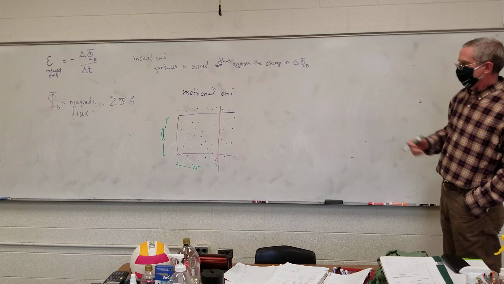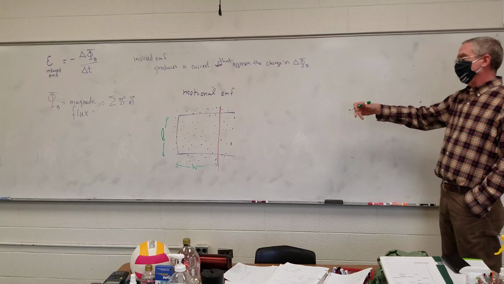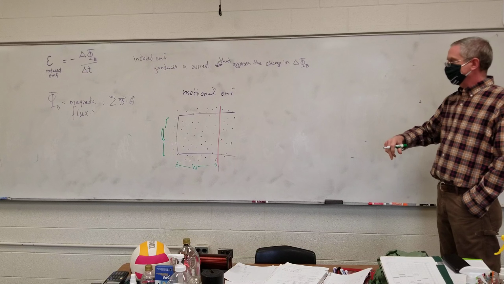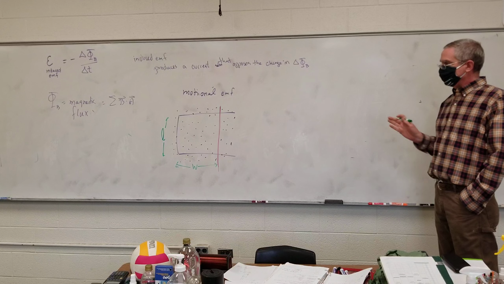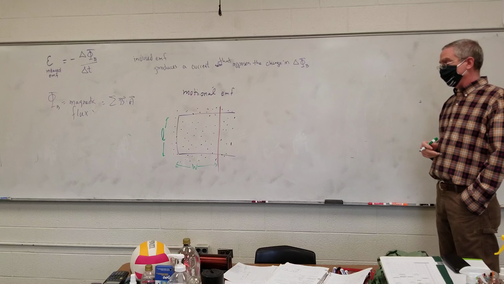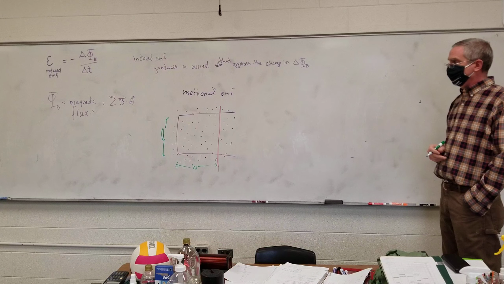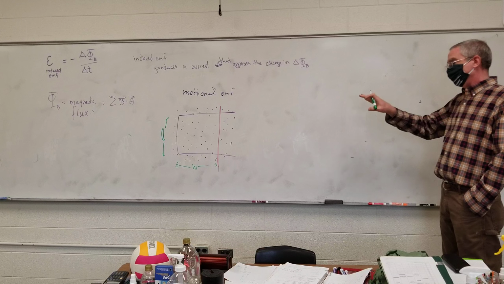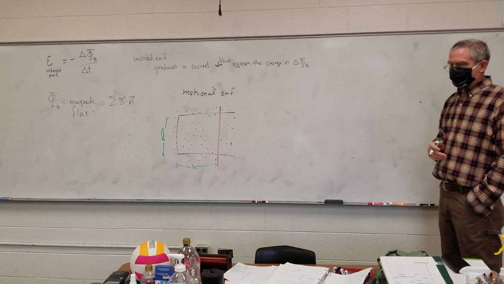The part that's parallel to the red wire is length L, and the part that's perpendicular to the red wire is length W. And I'm willing to bet that the visual image there really beats out my words.